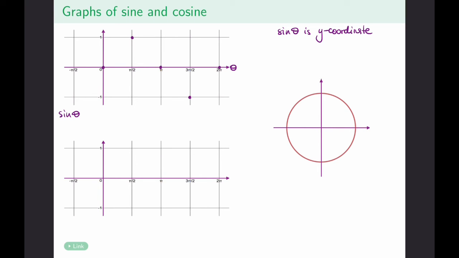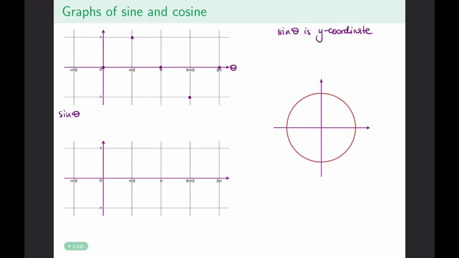And then if we generally think about how a point travels and what happens to the y-coordinate, you notice that in this first quadrant here, my y-coordinate, or the height of those points, increases from 0 to 1 fairly smoothly, and then it starts decreasing from 1 back down to 0.